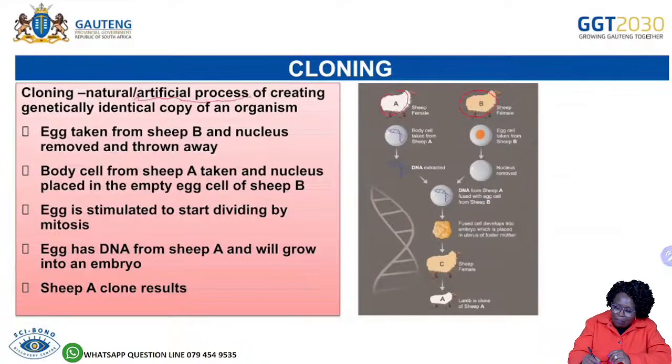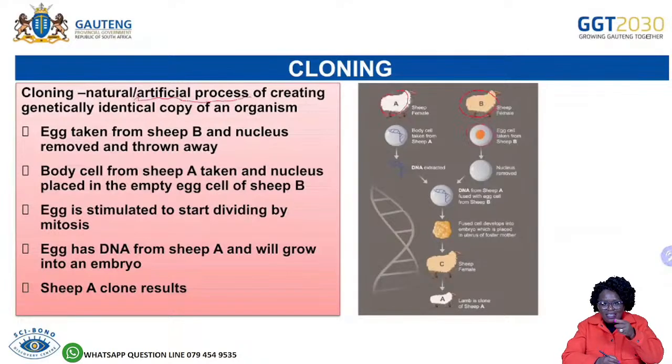From sheep B, an egg. It really looks like a real egg when you fry eggs and you see the yolk, which is yellow. You see the yellow part there, it's an egg yolk. And now the egg cell is taken from sheep B. What is taken is the egg cell.